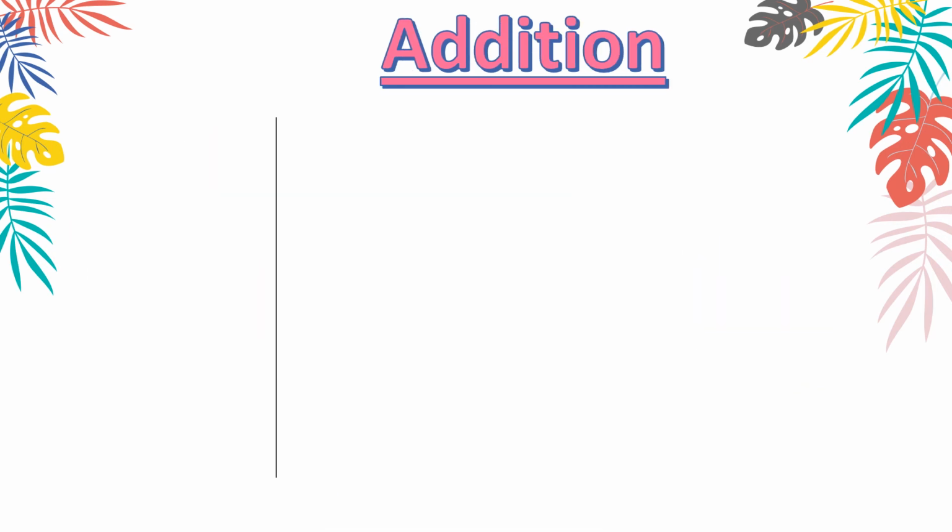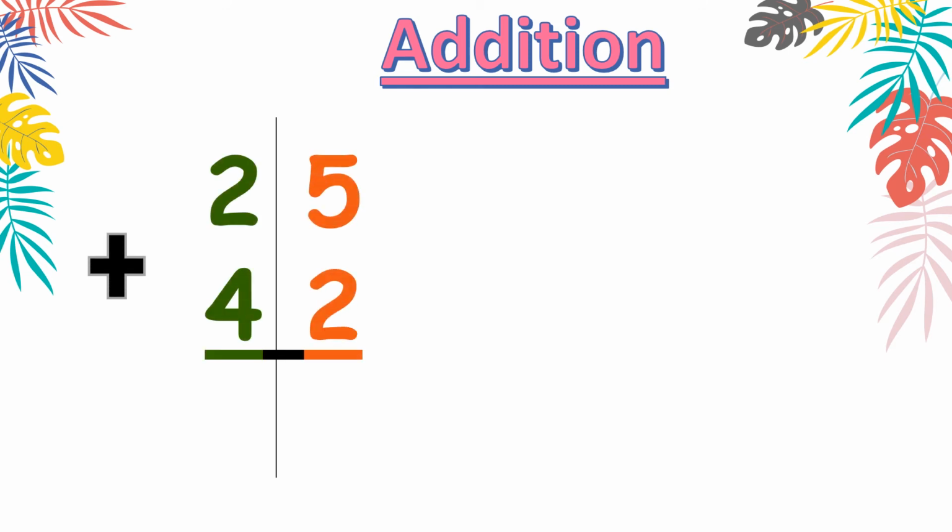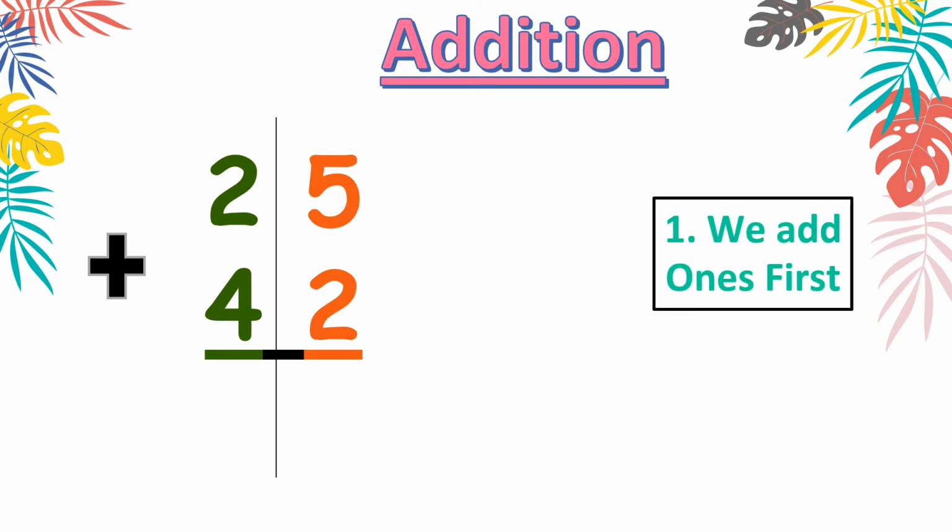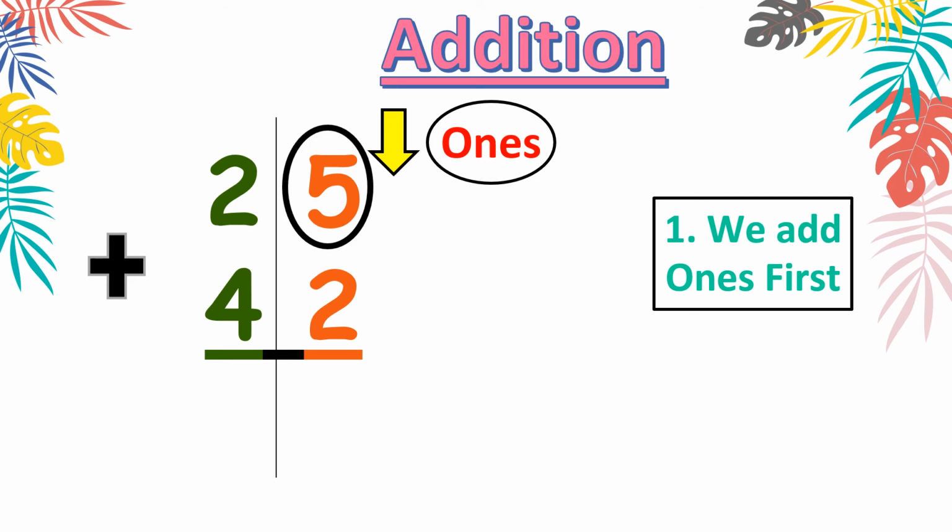Now let's start addition. Here we have 25 plus 42. In addition, we start with ones. What is ones here? 2 or 5? Yes, 5. So 5 plus 2 equals what? What should I do? Circle the greatest number, put 5 in my mind, 2 on my fingers, and let's count after 5, 6, 7.